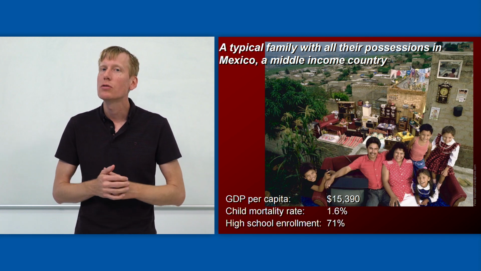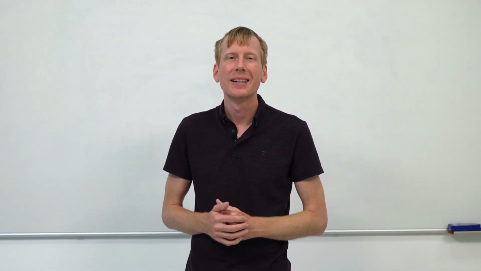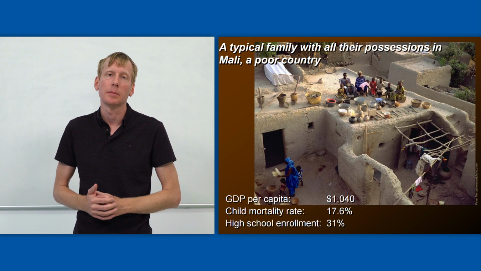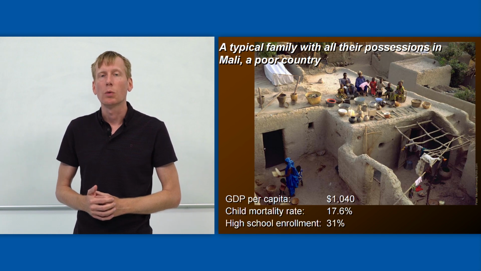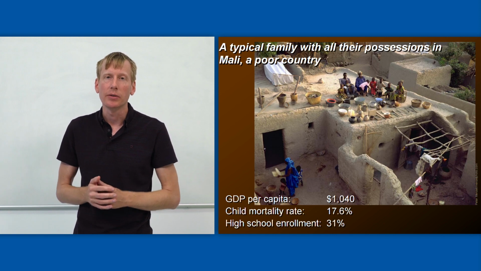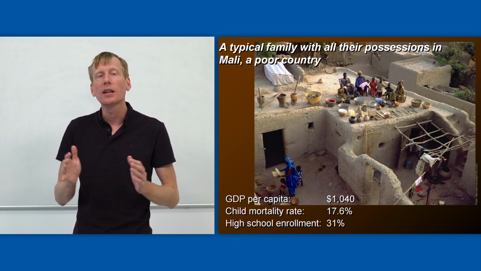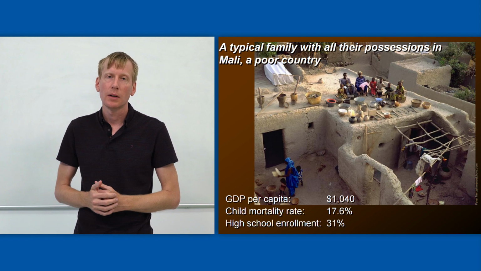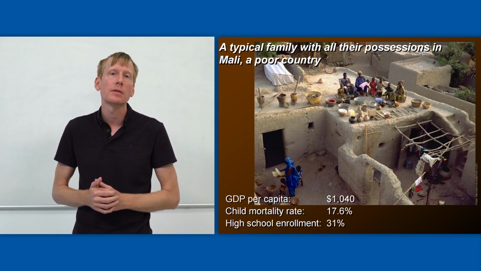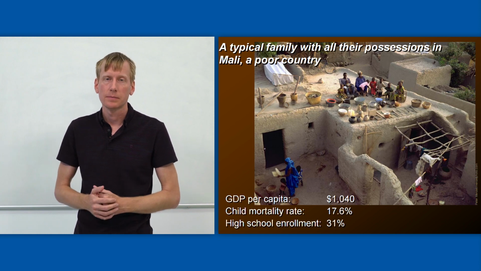But note, the difference isn't too extreme until we compare, in the third illustration, a typical family in a poor as opposed to middle-income country. Now, when we say a middle-income country as opposed to a high-income country, this actually refers to a pretty large and diverse group that could have GDP per capita anywhere between 2,000 or 3,000 up to 30,000.